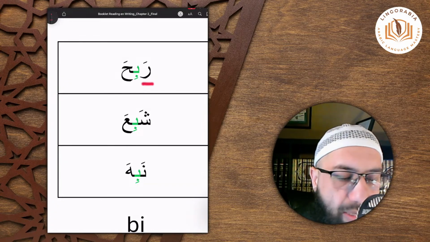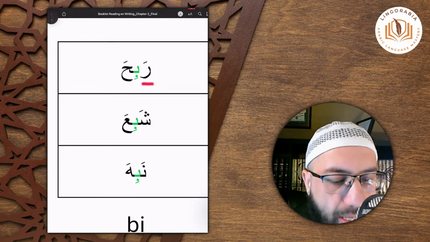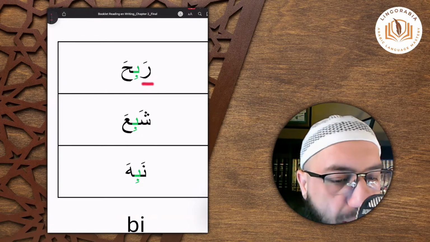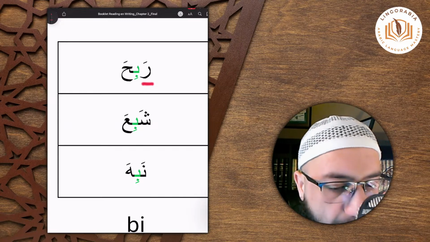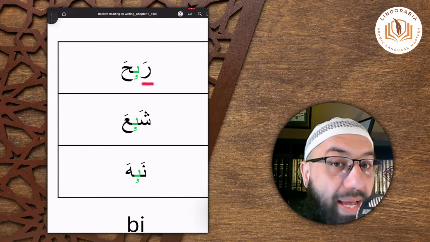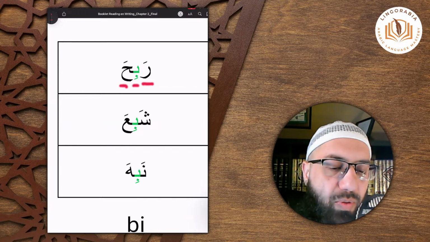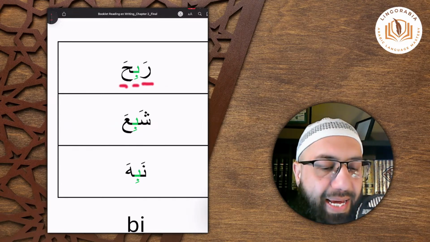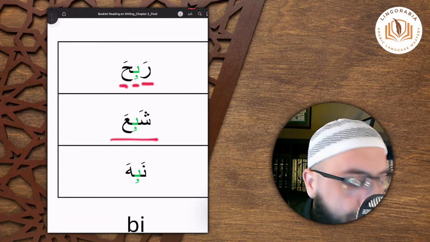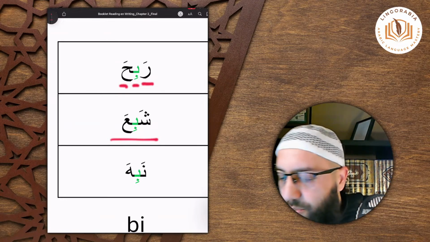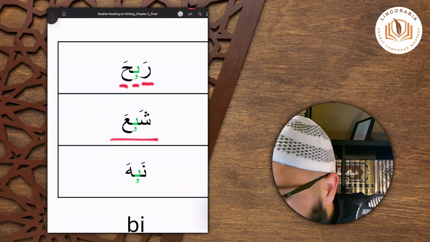Let's do this because we are now engaged. I will come back to your question. Yes, guys, so now Rabiha. Now we put them together, you see, Rabiha. And the second one, how do you pronounce the second one together?